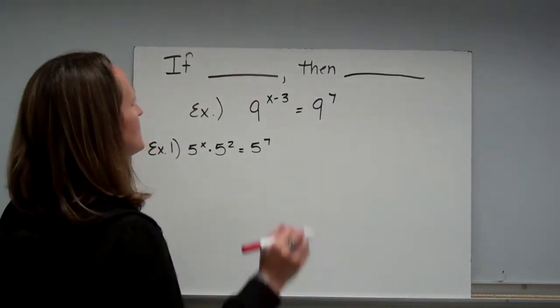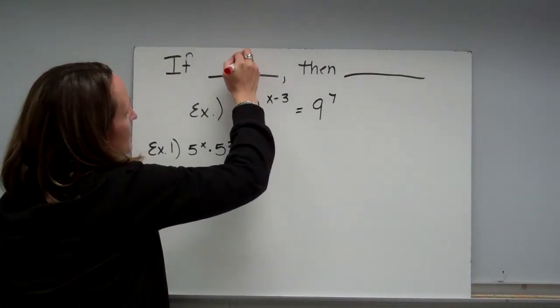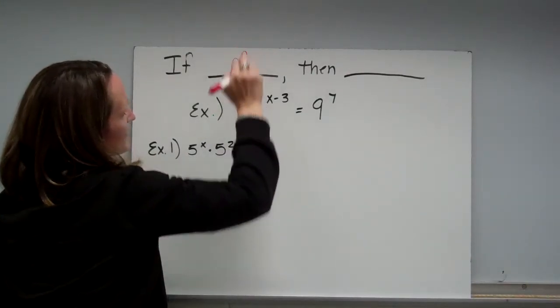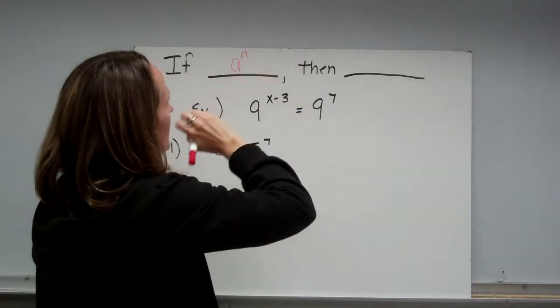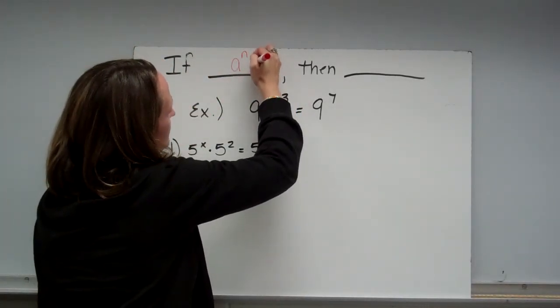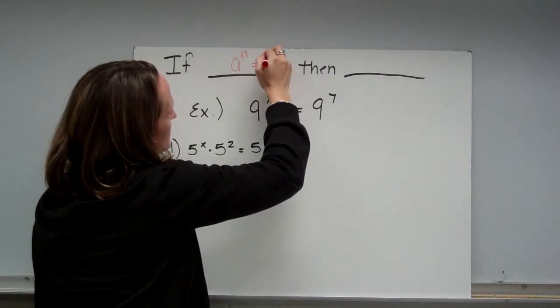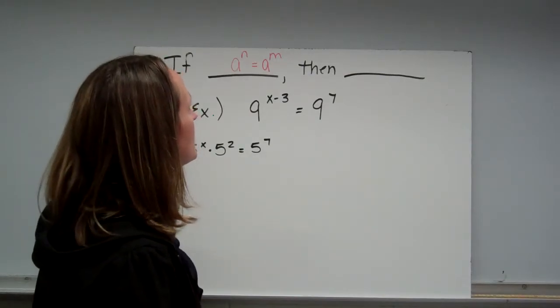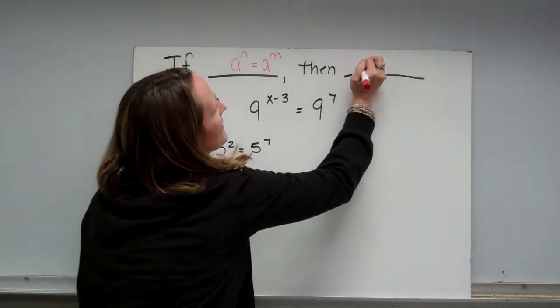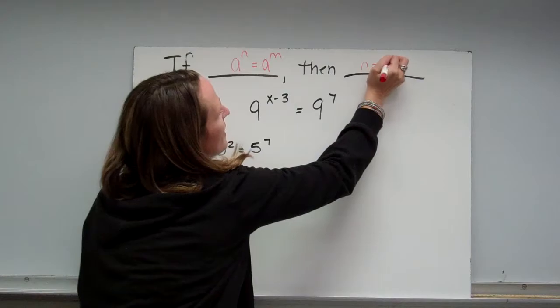So let's look at another one. Let's say that I had a to the nth equals a to the m, then we know that n equals m.